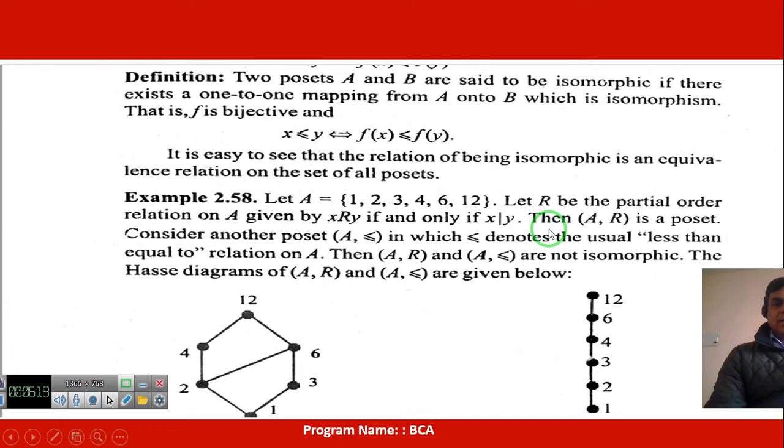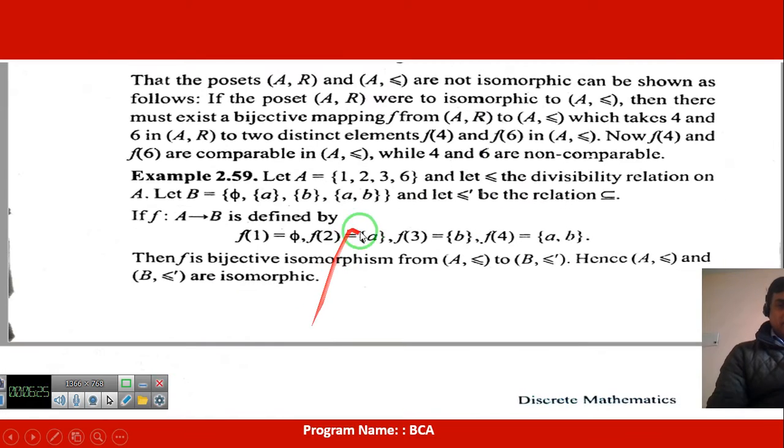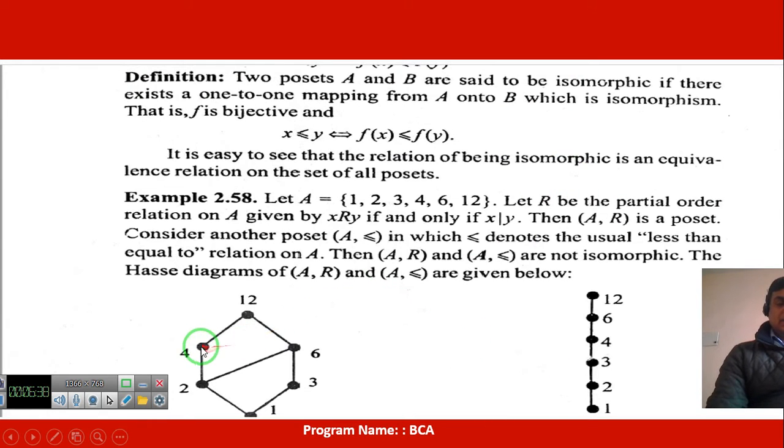In the previous diagram we can consider 4 and 6 as the two distinct elements. Having F(4) and F(6) in this, there is no one-to-one correspondence. The image of F(4) and the image of F(6) differ. Actually this is the difference from this graph to that graph.